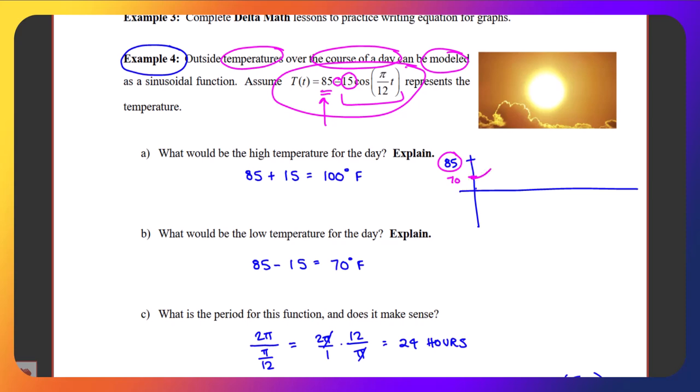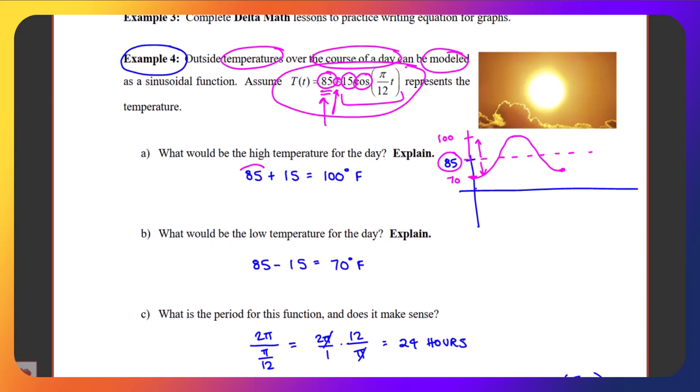And then it's going to go up 15 above that, so that's 100, and then come back down to 70 again. So do you see that it's a cosine graph flipped upside down because the number in front of the cosine is negative? It's going to go up and down 15 from the new midline of 85.